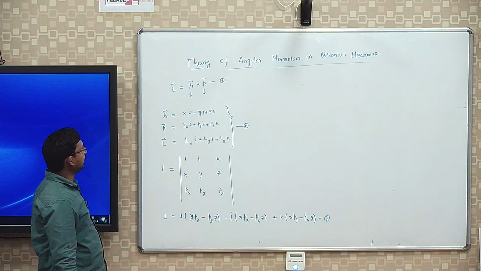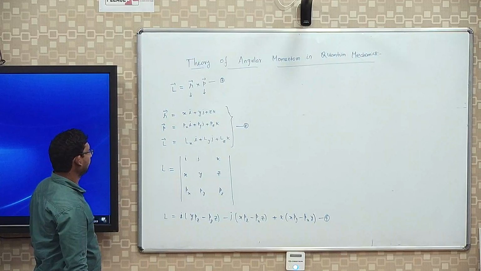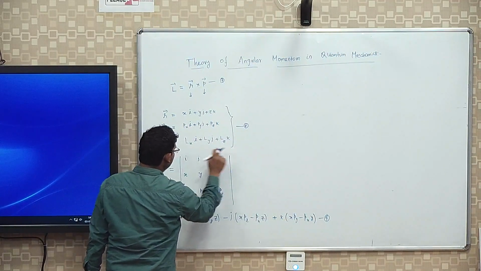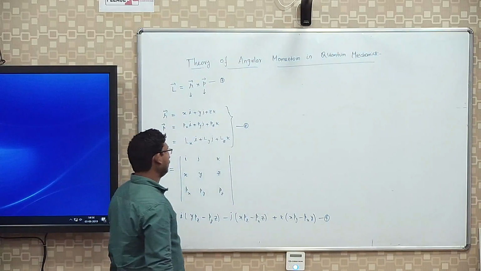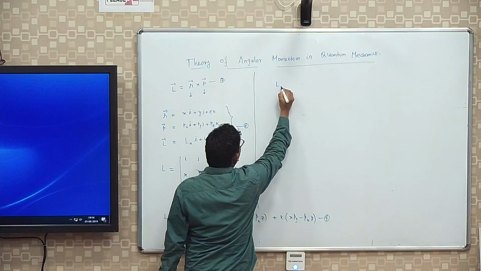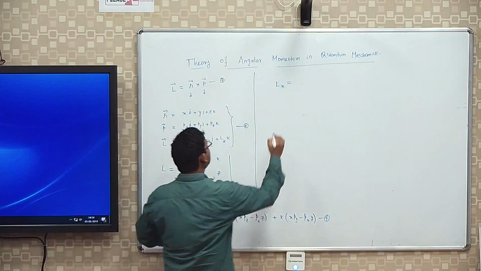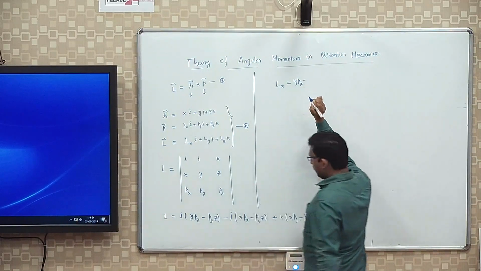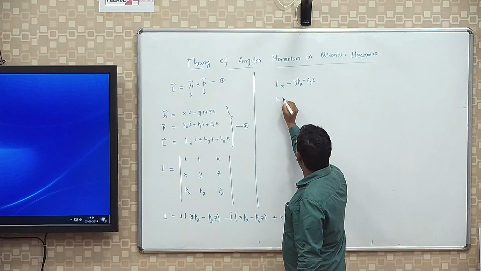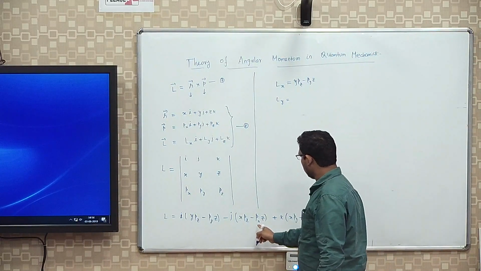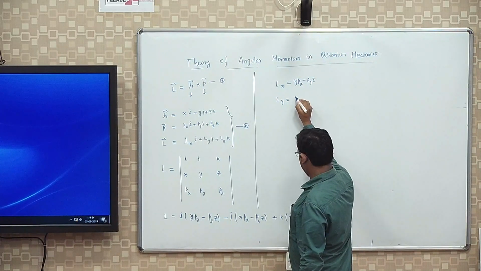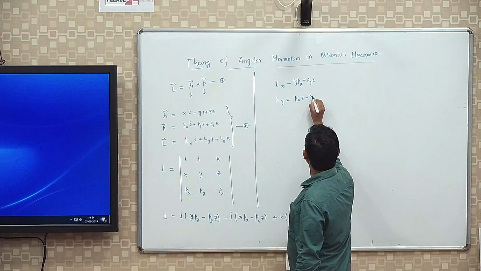And if you compare equation number 9 with the total angular momentum in equation number 8, then Lx can be written as ypz minus pyz, and Ly can be written, there is one negative sign also there, so if we put it inside this expression, then pxz minus xpz.